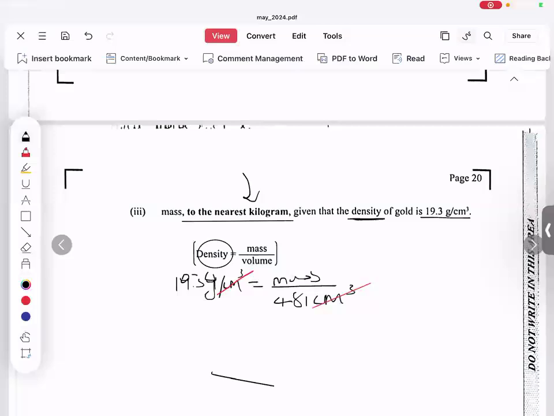All right. So now we end up with the unknown being at the top. Mass. So according to what was discussed earlier, when the unknown is at the top, we're going to cross multiply. So that's 19.3 multiplied by 481. So go ahead and do that for me, guys.